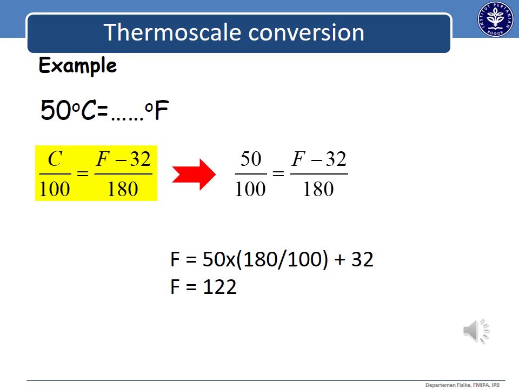Solving this equation, you find F is equal to 50 times 180 over 100, or just 9 divided by 5, plus 32. So the corresponding reading in the Fahrenheit scale is 122. So 50 degrees Celsius equals 122 degrees Fahrenheit.